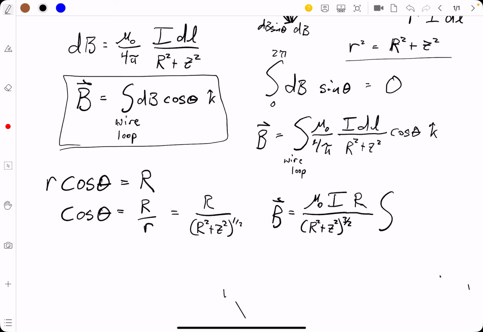And then on the wire loop, we're going to go all the way around it, and that'll be dl in the k hat direction. So we're going to go from 0 to 2 pi r all the way around it. So that's what this bit is going to equal, 2 pi r.